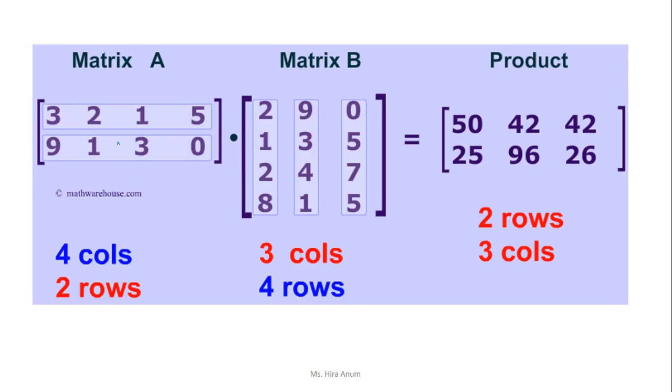You can see this. Three, 2, 1, 5, 9, 1, 4, 3, 0. You have these numbers, different entries, and you have two matrices. One is this and this.